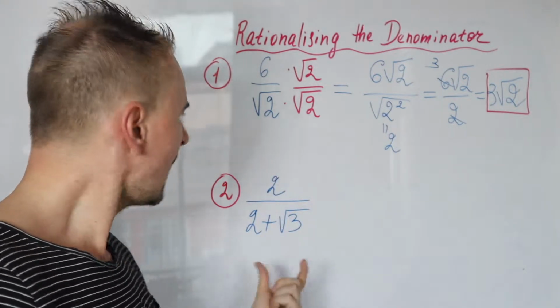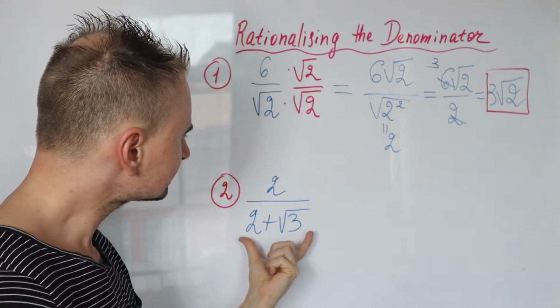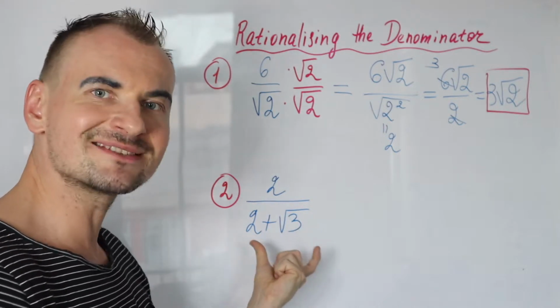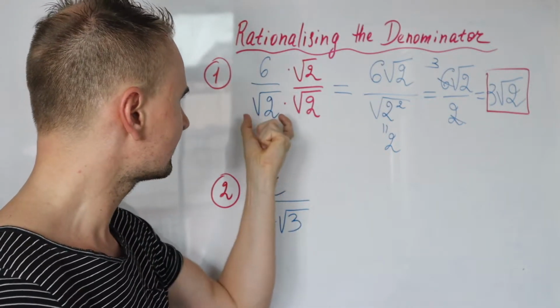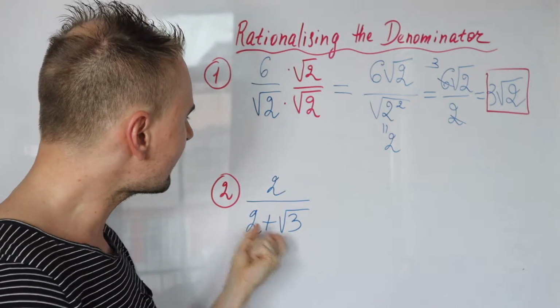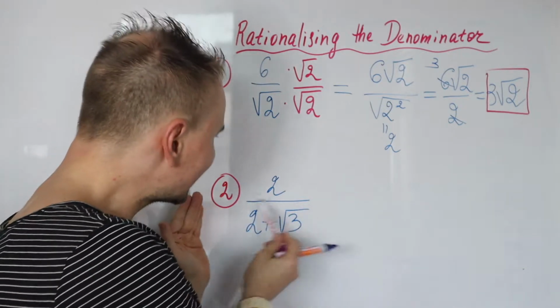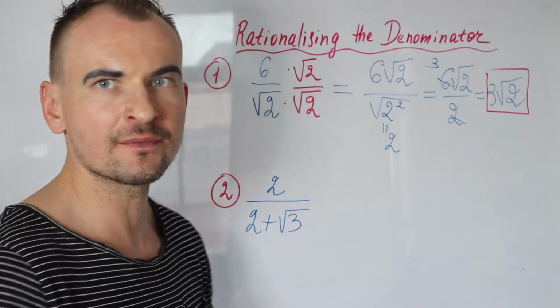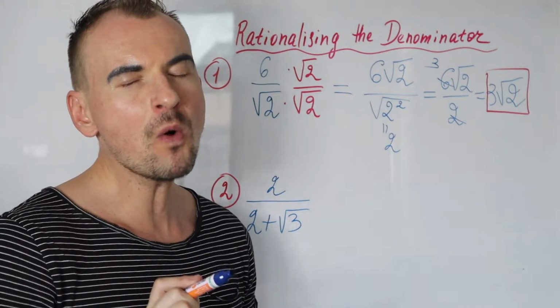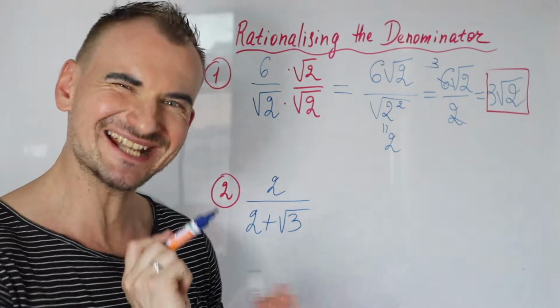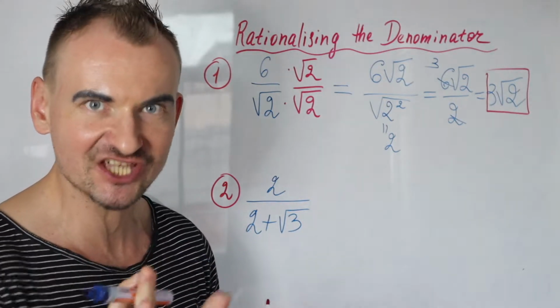Moving on. How about this one? This is slightly different from here. So here you have a number added to a root. So we want to get rid of this root from the denominator. Here all you need to do is use another technique, another strategy.